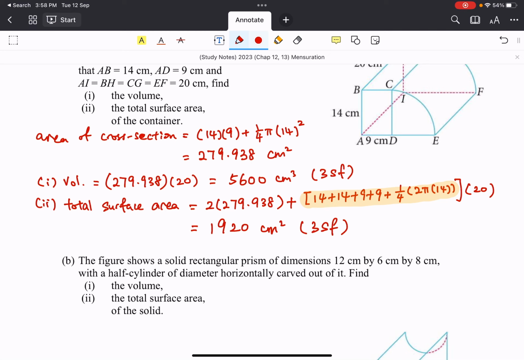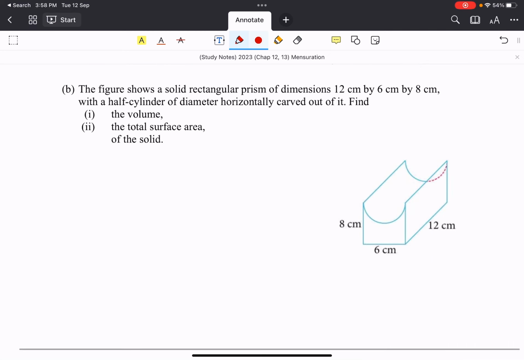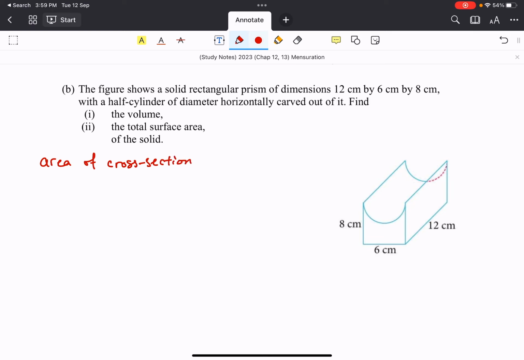Okay, example B. In example B, we have a subtractive. We have a cuboid and then a half cylinder is subtracted from it, right? Again, we are told to find the volume. To do that, the first thing we're going to do is to find the area of the cross section, because it is useful information. This time round, it is the rectangle 8 by 6 minus away half of the circle of the missing cylinder.